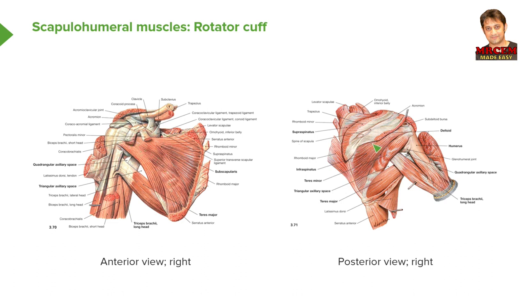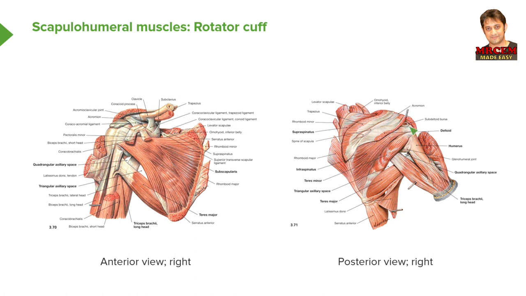On this posterior surface, we can see we have supraspinatus. Various parts of deltoid have been cut and reflected, so we can see deep to deltoid, where we then have supraspinatus, infraspinatus, and teres minor. And these are running towards the greater tubercle.